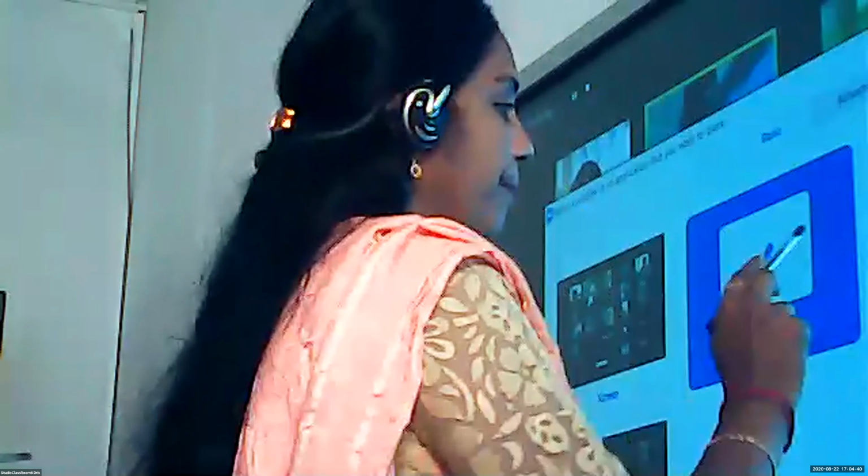So these are adjacent angles. I'll draw it again. Adjacent angles will always be like this: two arms raised and in between there is a common arm. So this is known as adjacent angles. So there is a common ray.